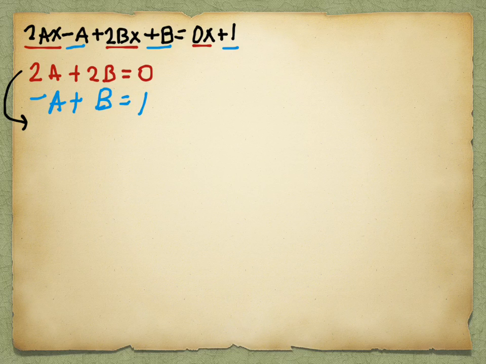If I take that equation that's 2a plus 2b equals 0 and divide everything by 2, I get a plus b equals 0. Okay, and that's the general idea of what you do when you do elimination. You usually have to multiply or divide one or both equations by a number.